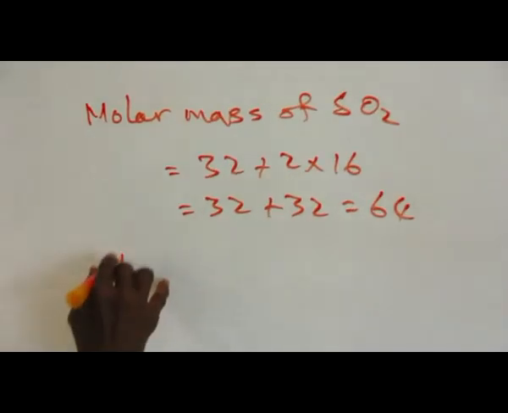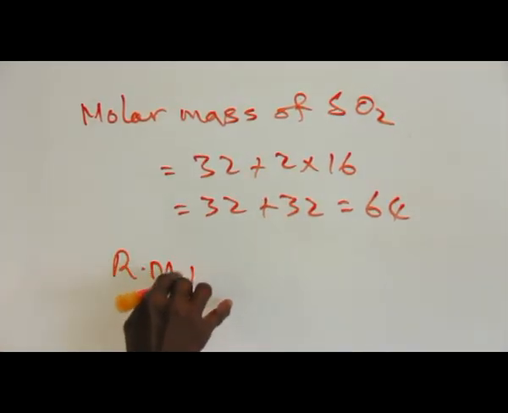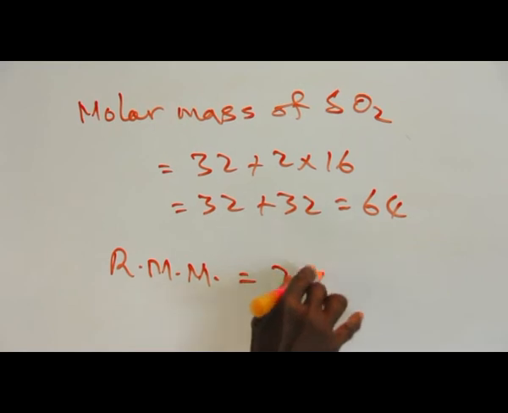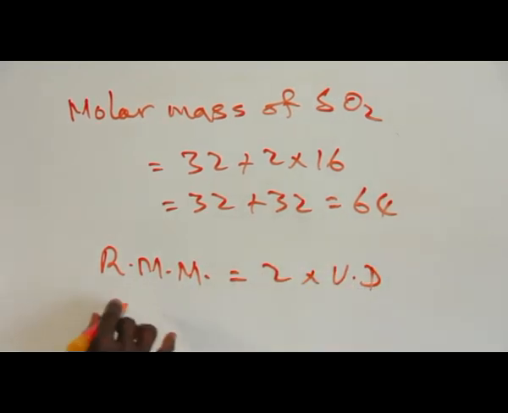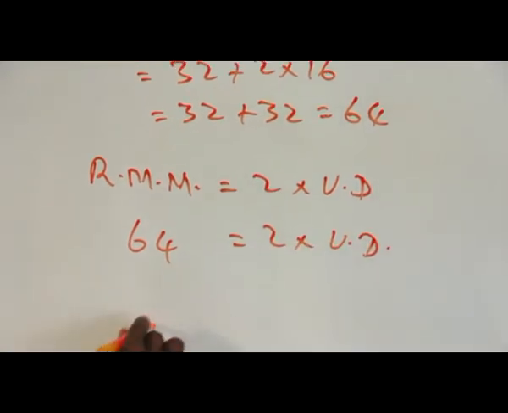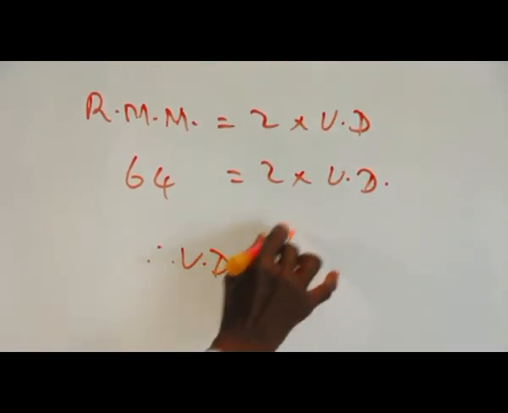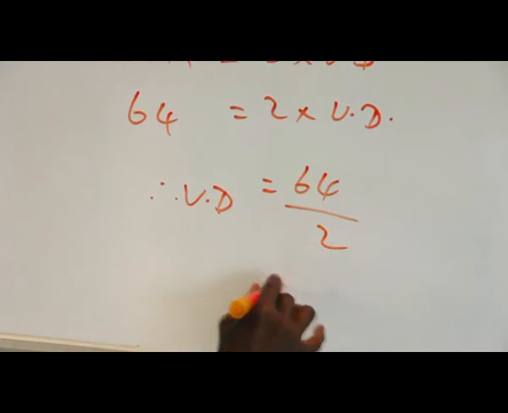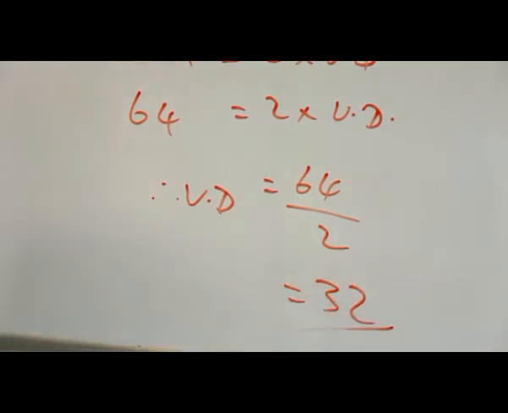So relative molecular mass, we said, is twice vapor density. So 64 is 2 multiplied by vapor density. Therefore, vapor density is 64 divided by 2, which is 32.